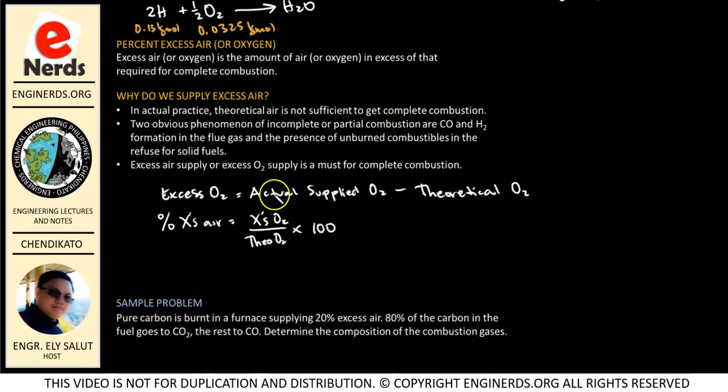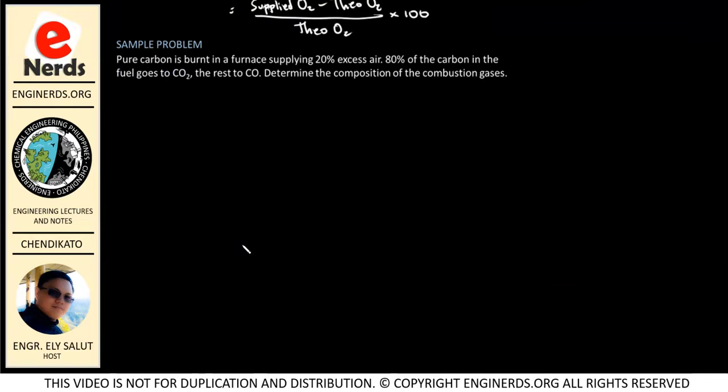Since our excess O2 is equal to actual supplied O2 minus theoretical O2, so this is also equal to supplied O2 minus theoretical O2 over the theoretical O2 times 100. Diba? So, yan yung equation na dapat nating tandaan. Okay, so gamitin natin yan dito sa ating problem.